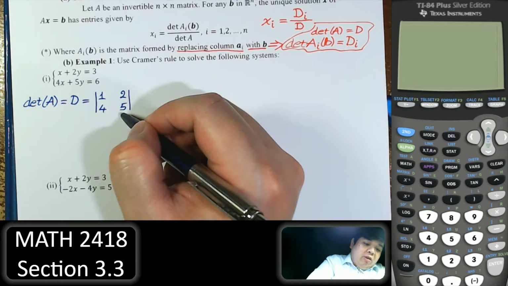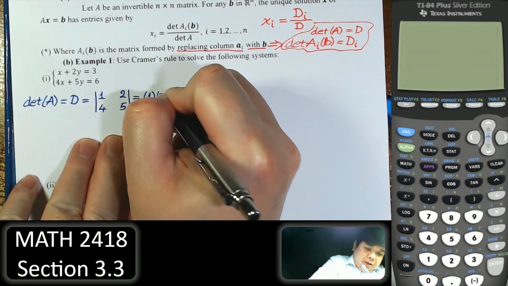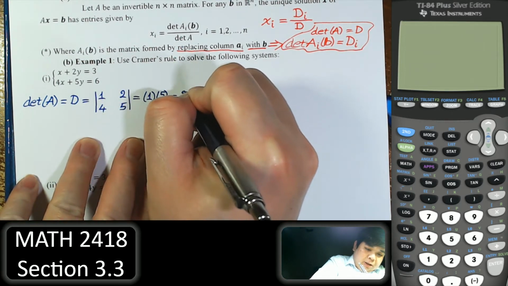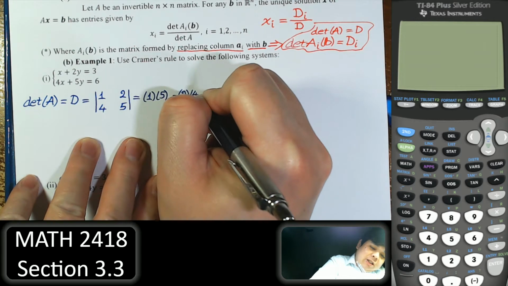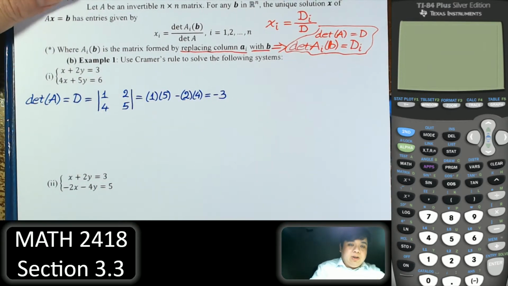And so 1 times 5 minus 2 times 4, sorry. That is minus 3. Right, so that's the first one.